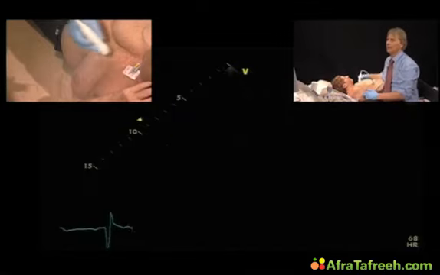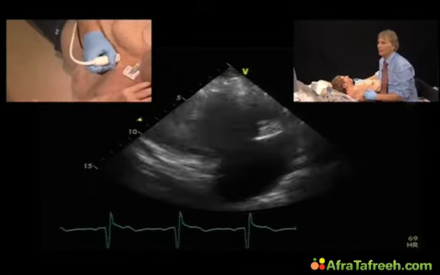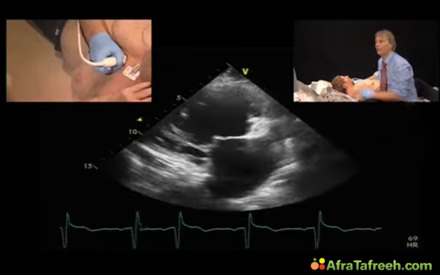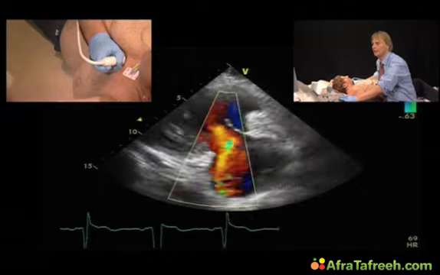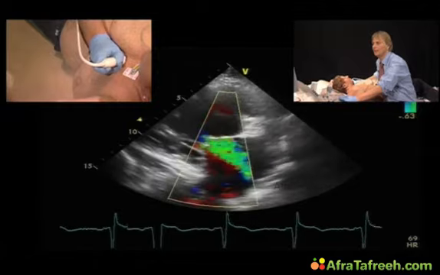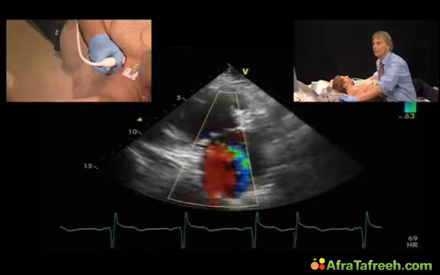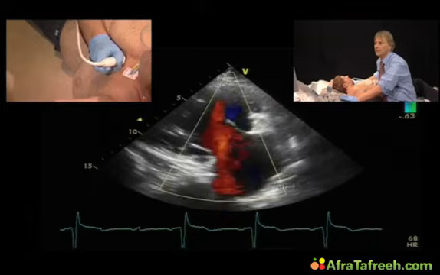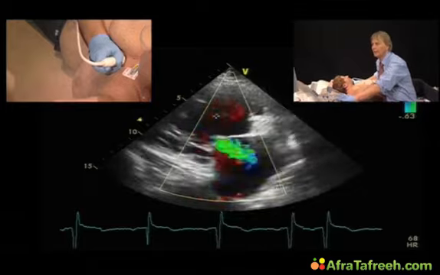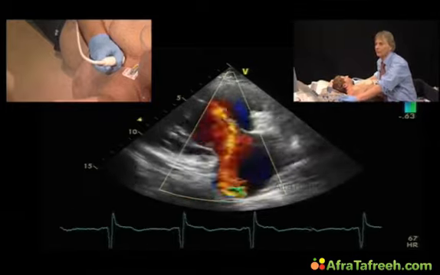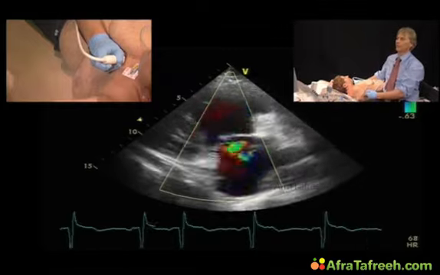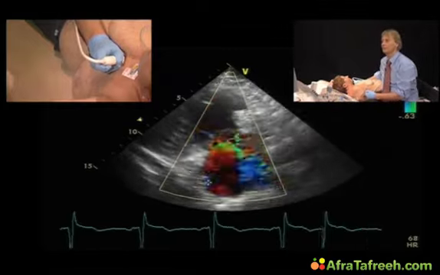And finally, you also have the possibility to perform a right parasternal long axis view and measure the tricuspid velocity there. Not in this case, but especially in cases where you have a jet which is directed more towards the posterior portion of the right atrium.